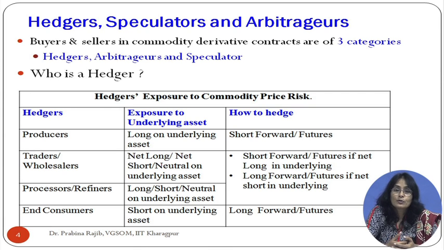Similarly, suppose the wholesaler has already bought the cotton bales and he is anticipating prices are going to go down. If he does not do anything, when he goes and sells the cotton bales, he will be earning less money. So, how will he mitigate that risk? He already has a long position in the underlying, so he will be able to mitigate by entering into a short futures position.